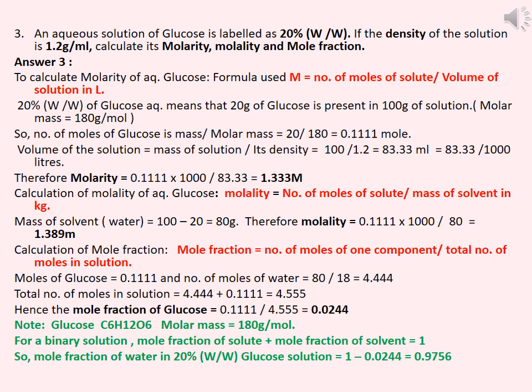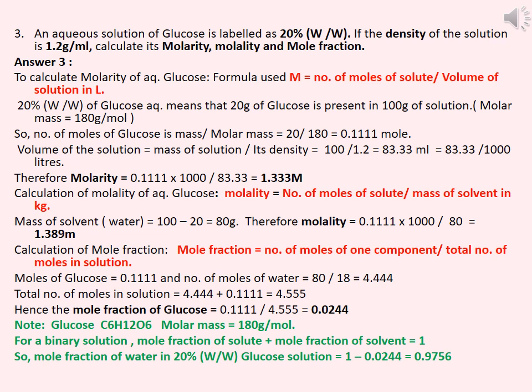4.444. Therefore, total number of moles in the solution is number of moles of water plus number of moles of glucose. Number of moles of glucose we calculated in the beginning itself. Add them, we get total number of moles present in the solution is 4.555.